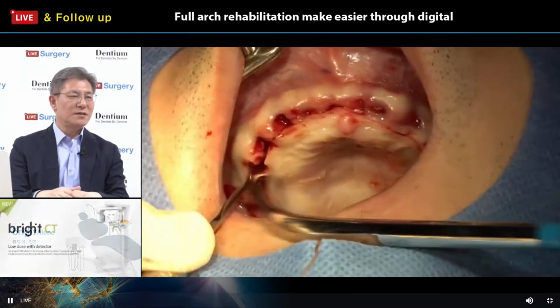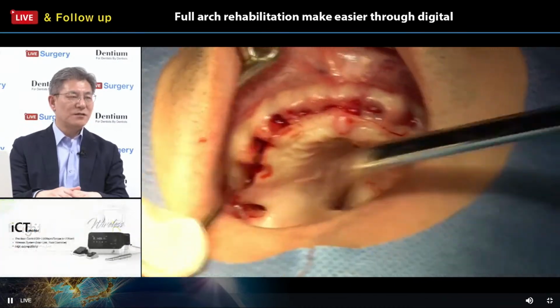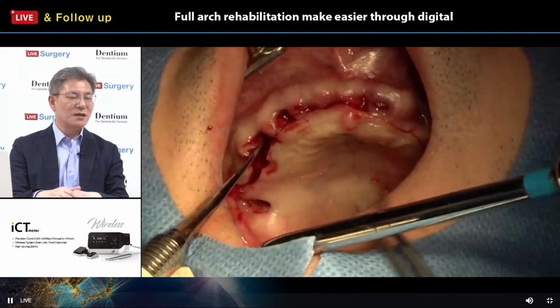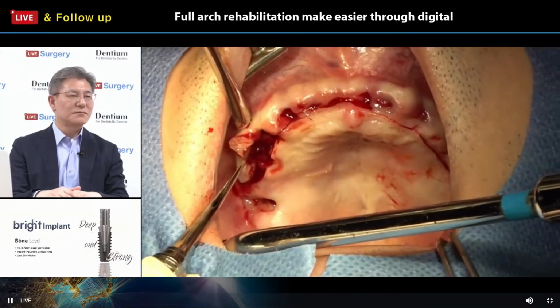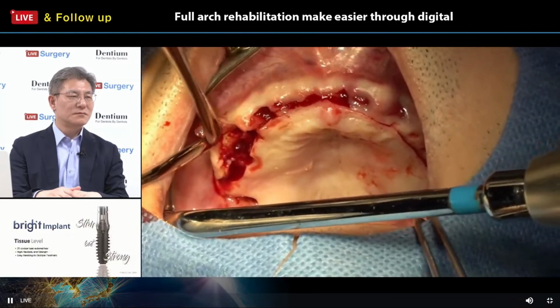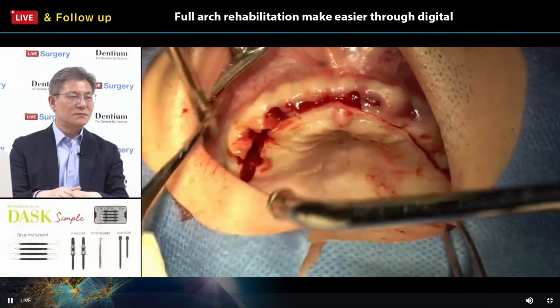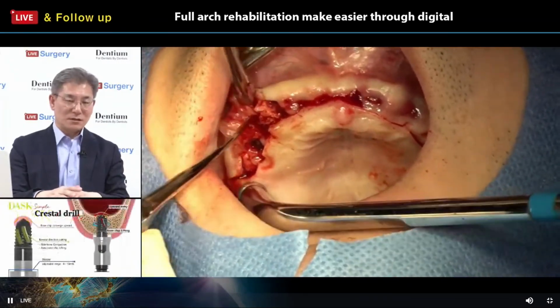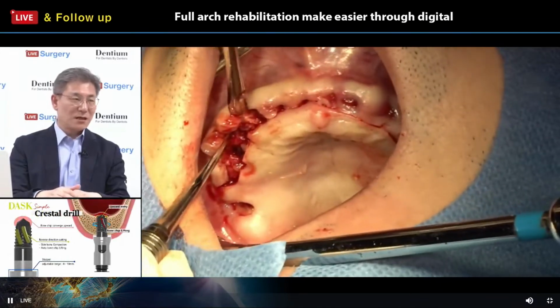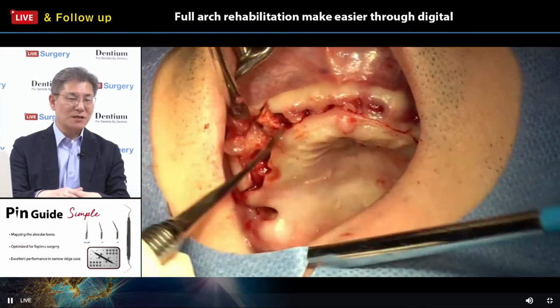Okay, after the incision is made clear, the flap reflection is done using this periosteal elevator. We can do flapless surgery in this kind of case.